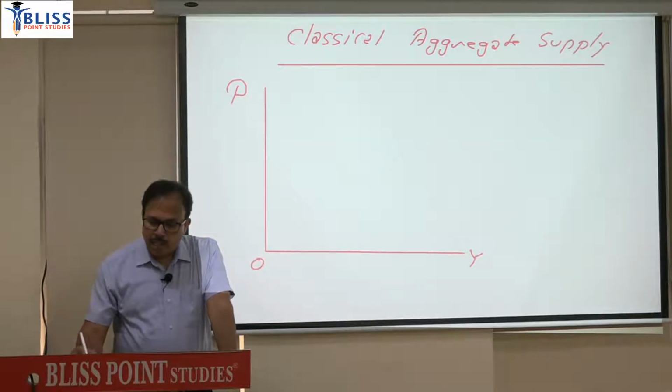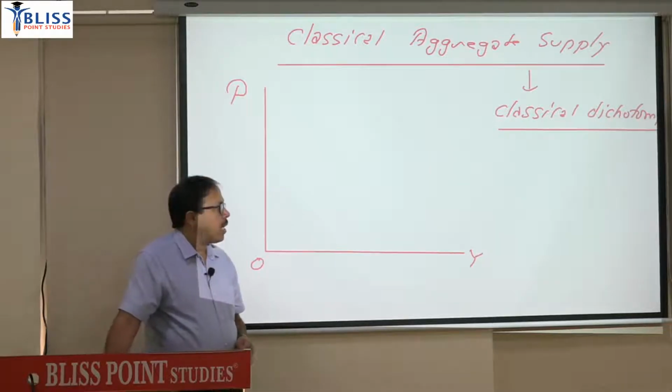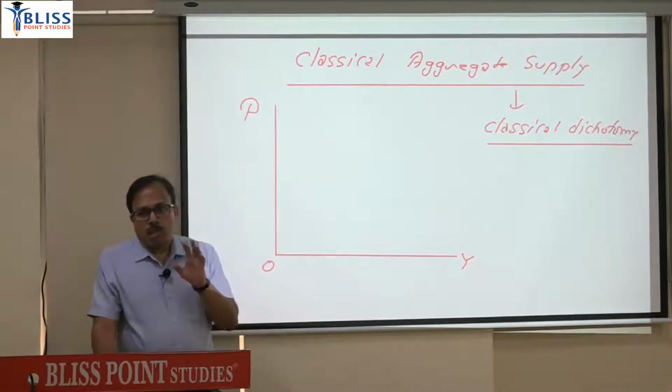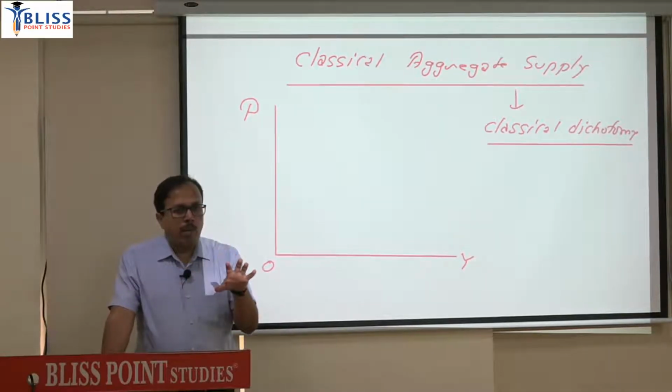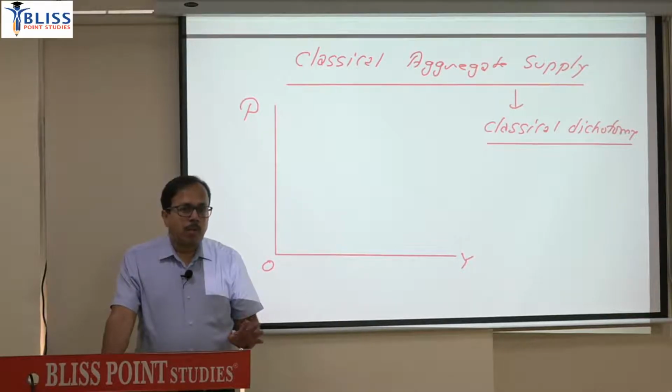And the classical concept is based upon the idea of what is called classical dichotomy, and classical dichotomy actually means the theoretical separation between nominal variable and real variable.